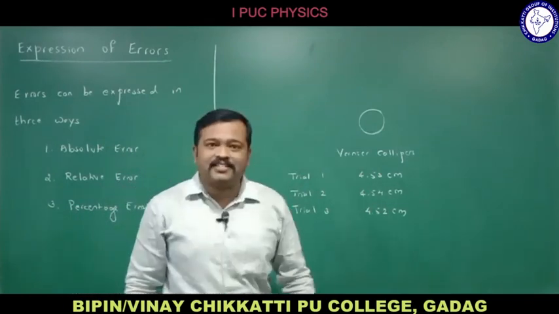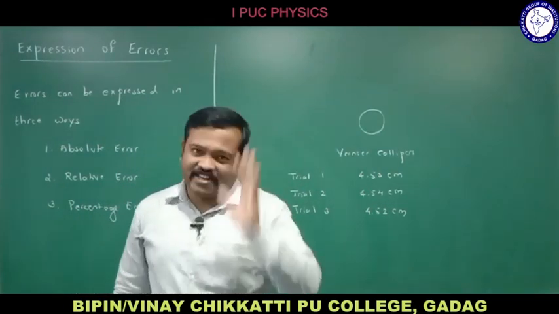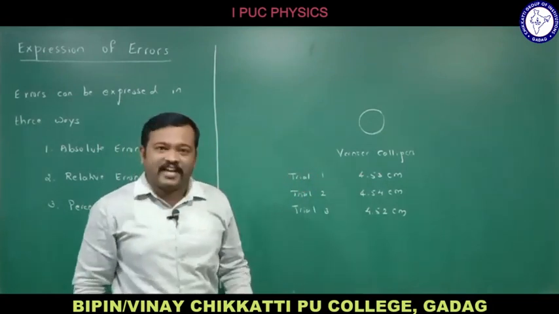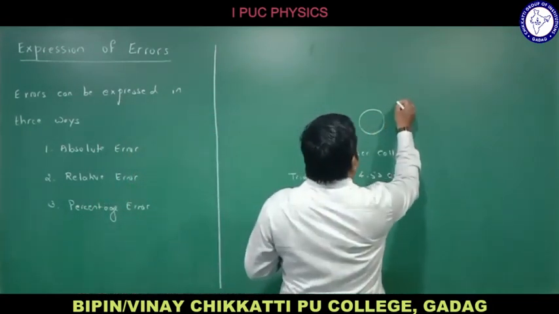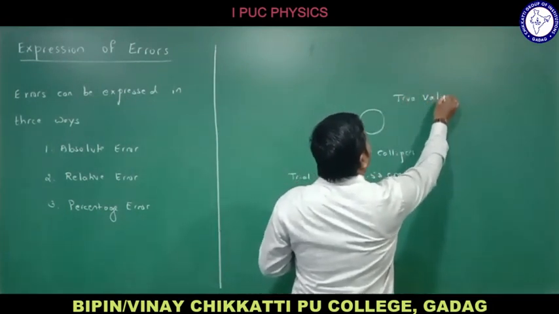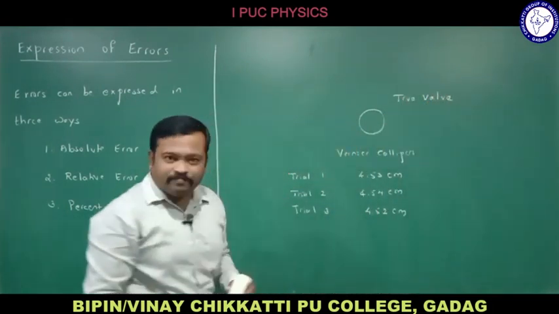The question arises here is, which reading is correct? Which is the perfect reading of the diameter, which is what we call the actual reading, or the true value of the diameter?